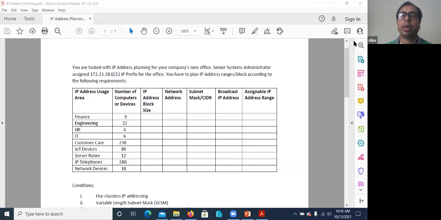It is recommended that you do not leave some unassigned addresses in a subnetwork that can be used or misused by some malicious actors.